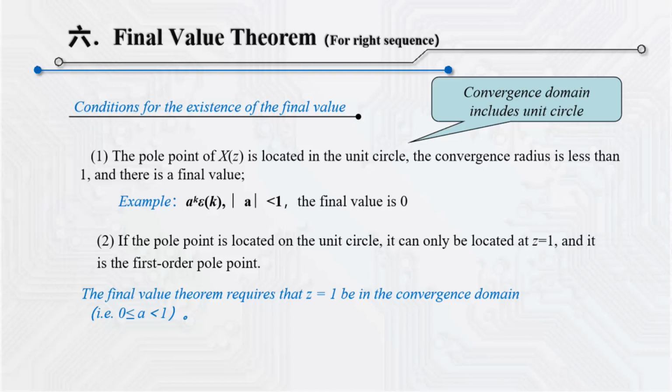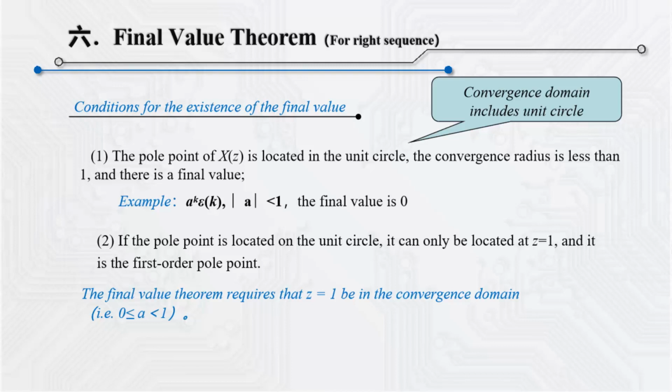In other cases, if the pole is on the unit circle, then it can only be located at z equals 1 and be a first-order pole. In other cases, the final value does not exist.